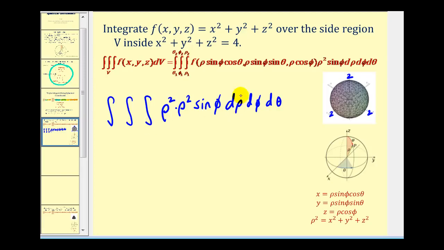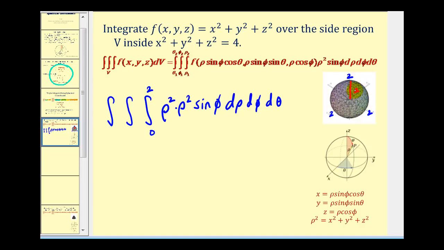Let's start by taking a look at the limits of integration for rho. Remember, rho is the distance from the origin to a point on the surface. And because the radius is equal to 2, the limits of integration for rho will be from 0 to 2. Next, for the limits of integration for phi, remember phi is the angle between the positive z-axis and the points on the surface.